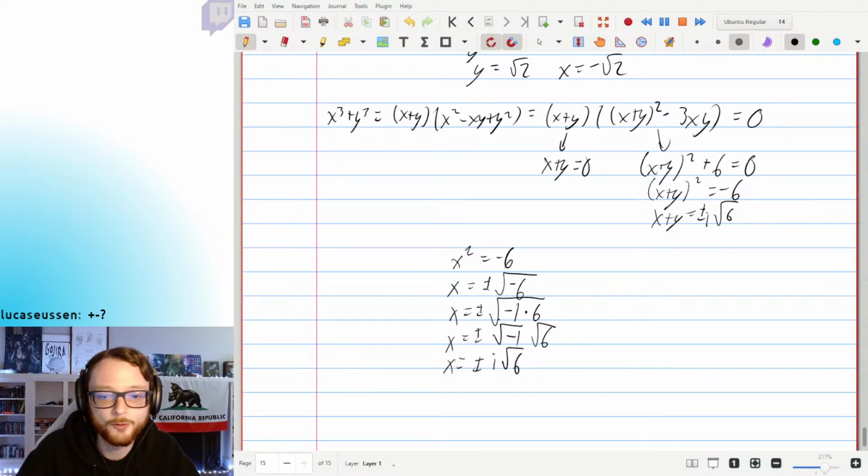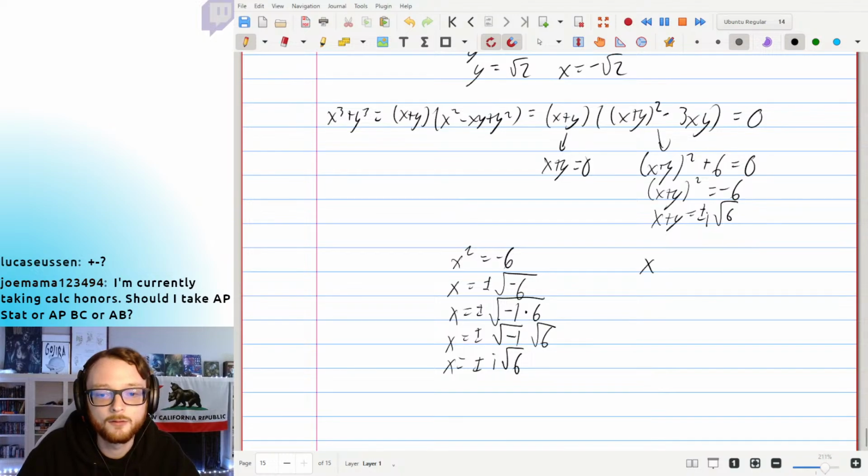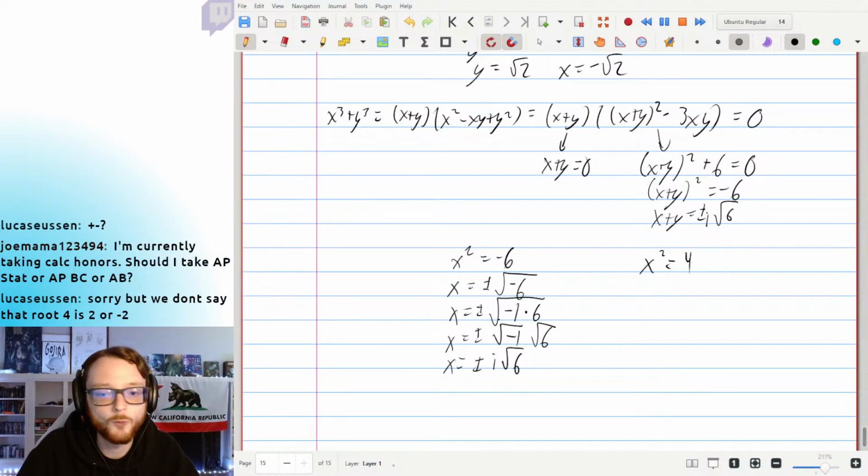The plus or minus is because, let me show with a simpler example still, why we need the plus or minus when we take the square root of each side. If x squared equals 4, it depends on where you're coming from, Lucas. This specifically happens when you take the square root of each side of an equation like this. So if you know that x squared equals 4, and you take the square root of each side, the correct solution is x equals plus or minus 2.